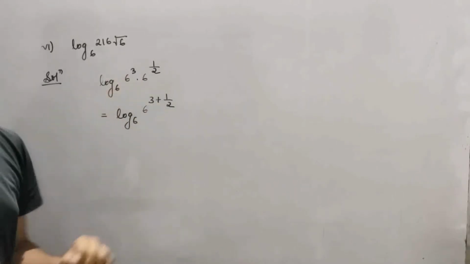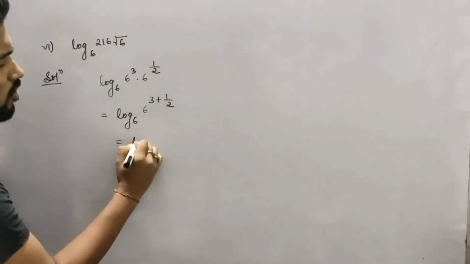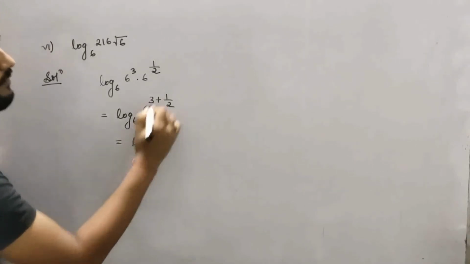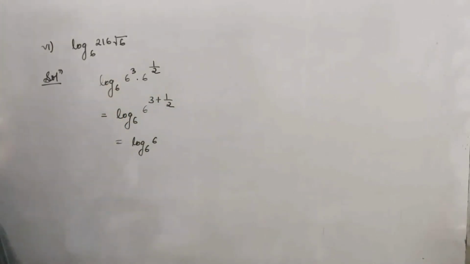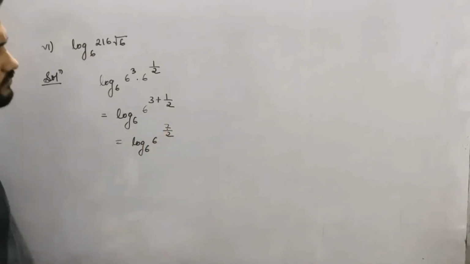Base same, so the powers will get added up: 3 plus 1 by 2. Take the LCM, this becomes 3 whole 1 by 2, or take it to improper fraction: 3 into 2 plus 1, 7 by 2.